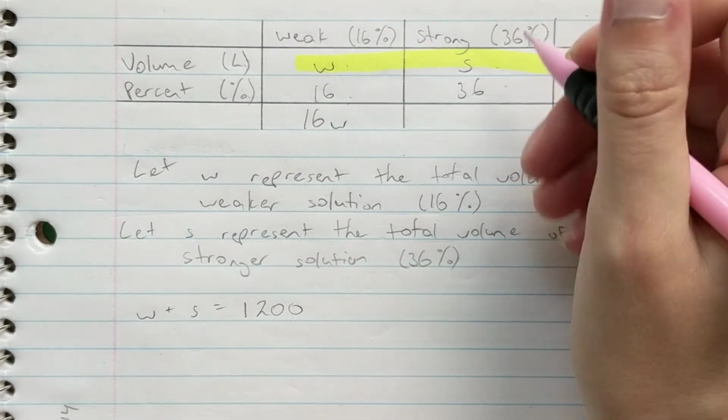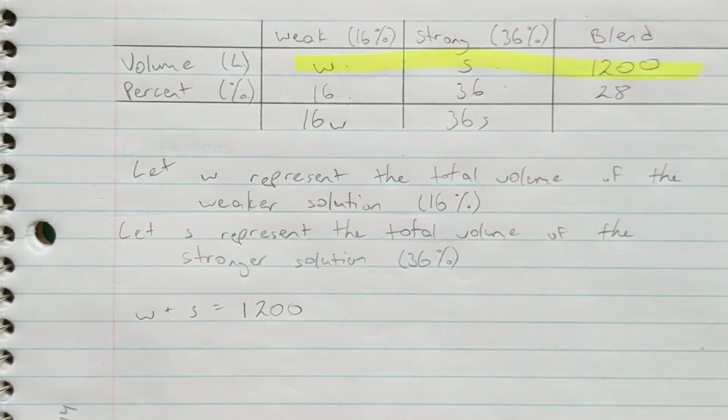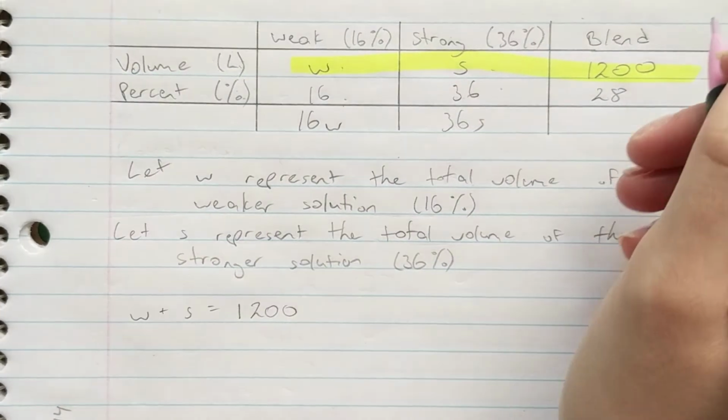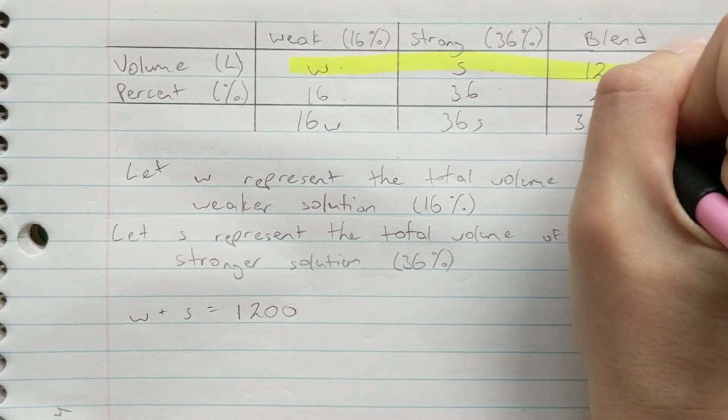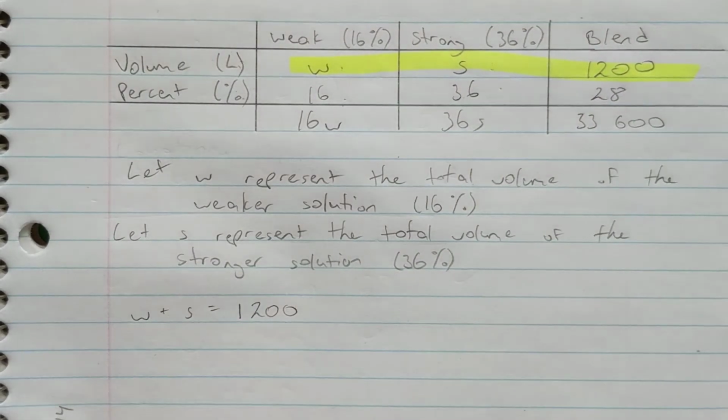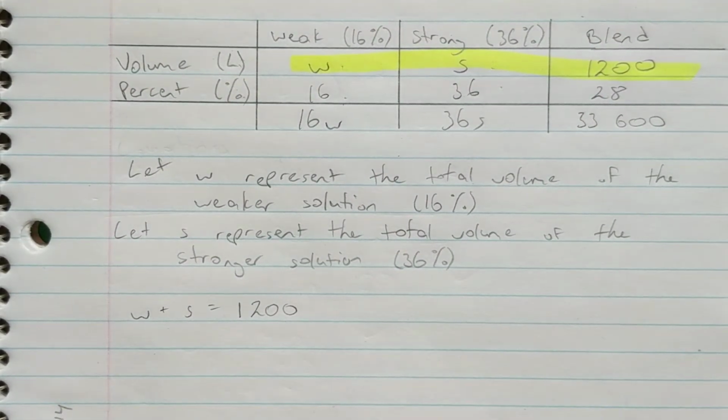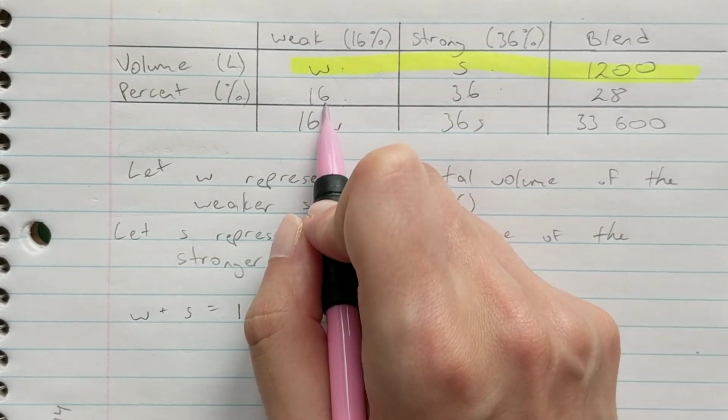S times 36 is 36S. And then we have to do 1,200 times 28, which gives us 33,600.